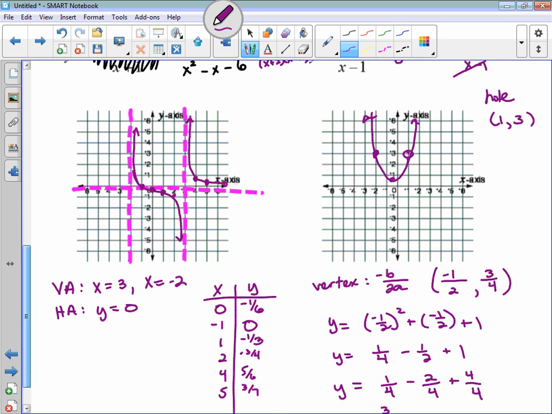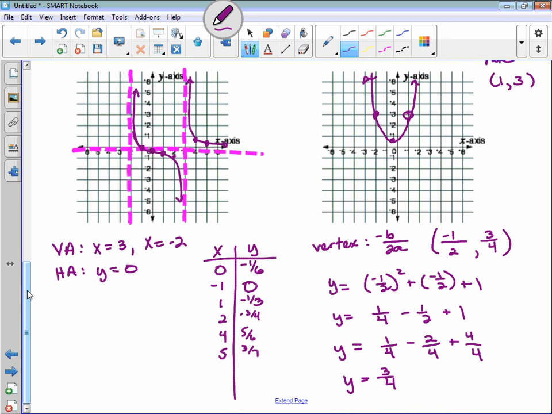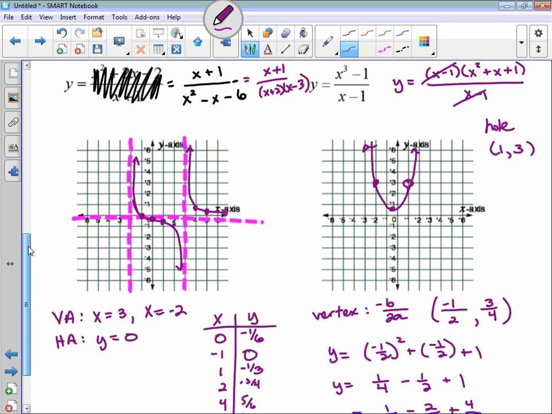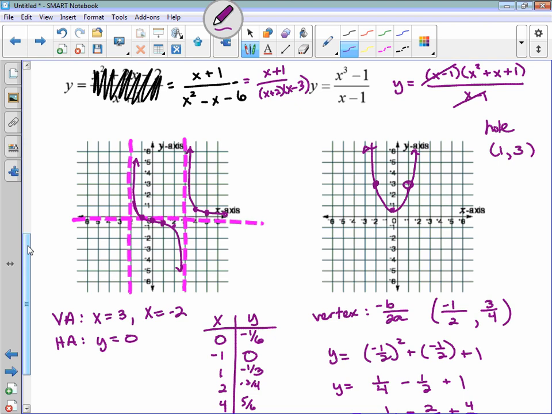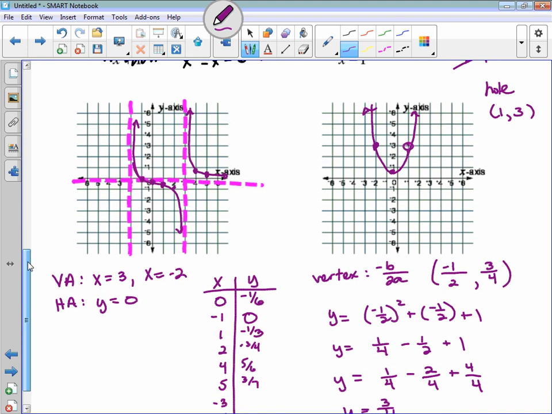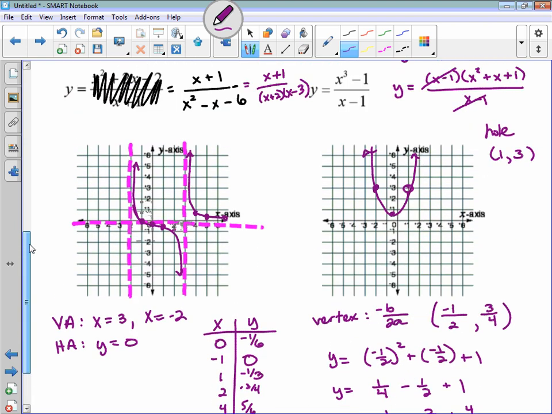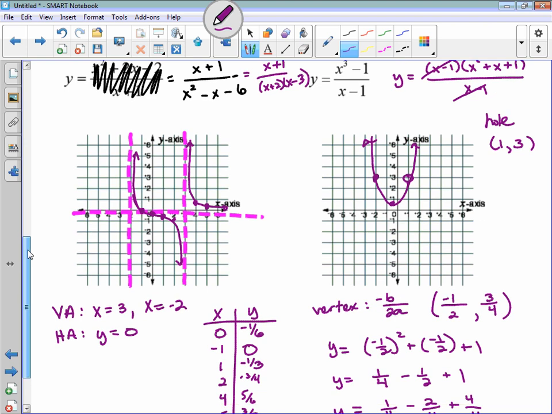And then we still need the left side of our graph too. What points do you want to use over there? Like -3 and -4 maybe? And what do we get with our -2? 1/3 or -1/3, right? -1/3.